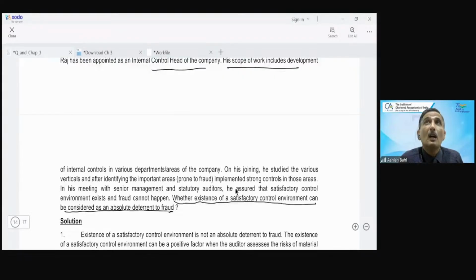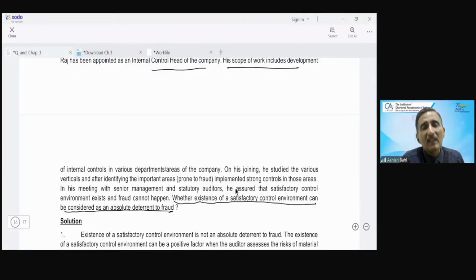You have to take care of it in examination conditions. Sometimes in a case scenario, a situation is given, and you are asked to identify which type of method of evaluation of internal control is being used. So you have to be very clear about the difference. No, Gurmeet, stating that a questionnaire contains questions is not the difference.